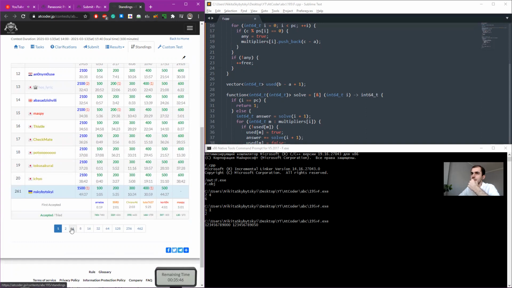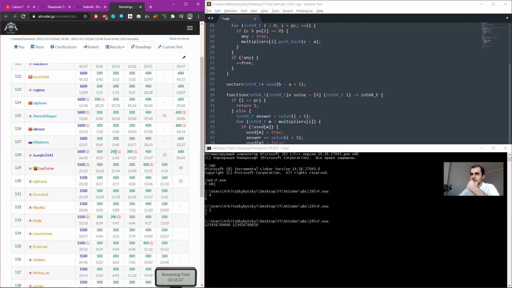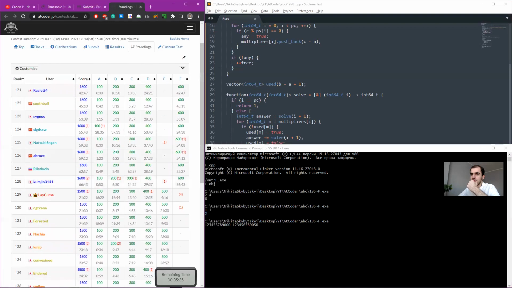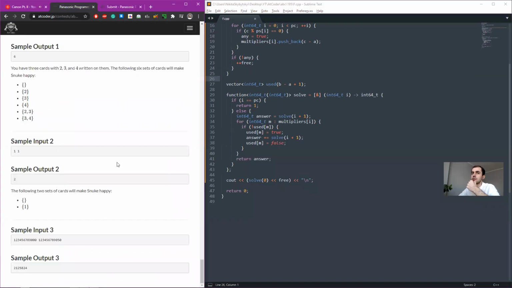But clearly a lot of people solved F already. Yeah, like a lot of people. Right. Yes, so you have to be smarter than backtracking. What else can you do?